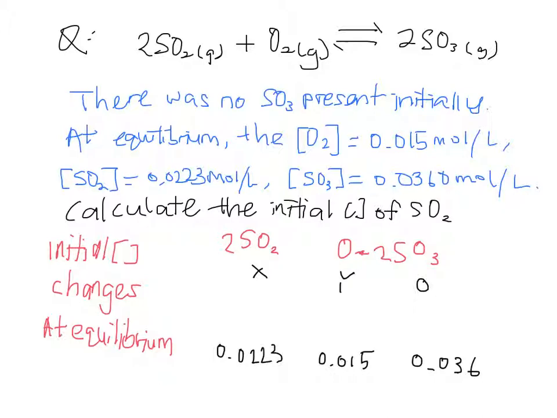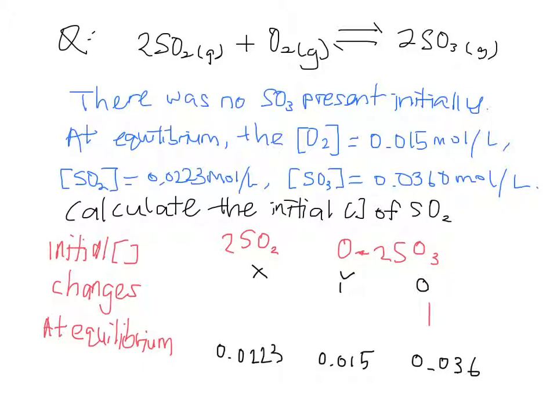And I also know that the initial concentration for sulfur trioxide is 0. It's mentioned here. The changes are something we would like to find out, meaning throughout the reaction towards equilibrium, what has been changed. And at equilibrium, these are the values. Okay, working with whatever we know.